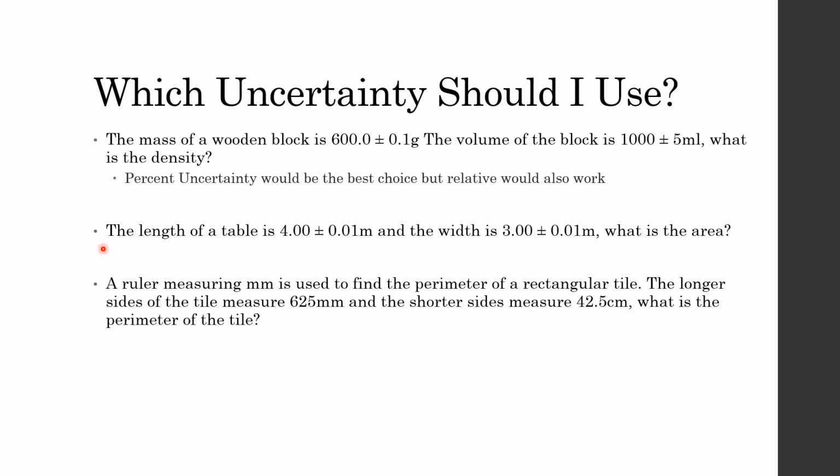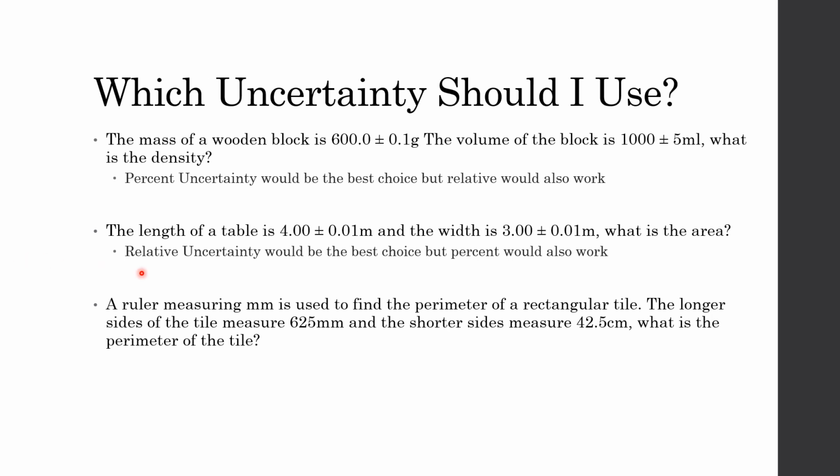Moving on to the second one, the length of a table is 4 plus or minus 0.01 meters, and the width is 3 plus or minus 0.01 meters. What is the area? So in this scenario, what would I prefer to use? Which uncertainty method? Absolute, percent, or relative? In this example, I would use relative uncertainty over percent uncertainty, but both would work.